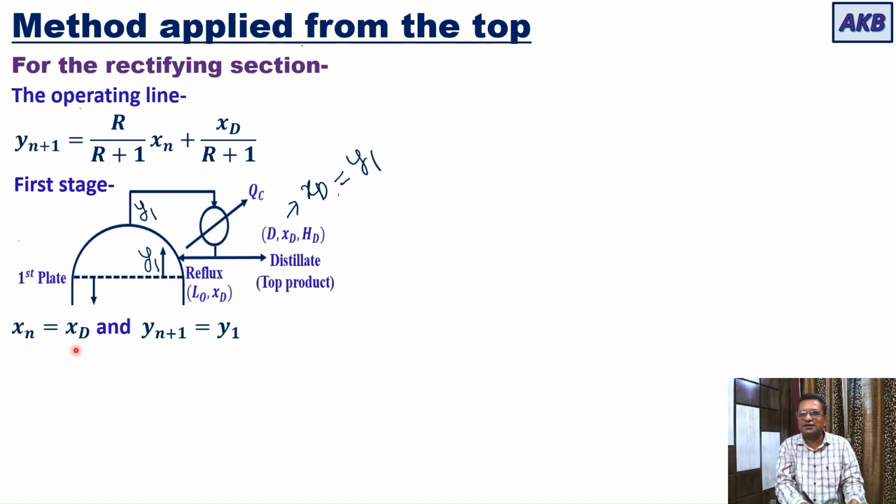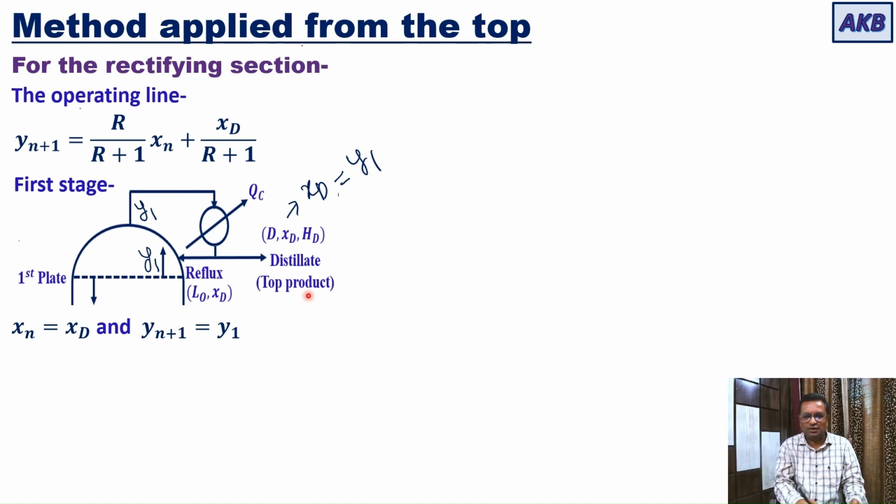If the condenser is considered to be an earlier stage with liquid phase composition of XD, the latter stage, which is the first plate in this case, will have a vapor with composition Y1. So if this equation is to be used for stage number 1, then these are the conditions: Xn is equal to XD and Yn+1 is equal to Y1. If you use these conditions, you are going to get this relationship.